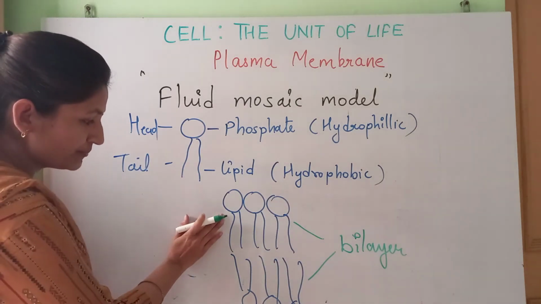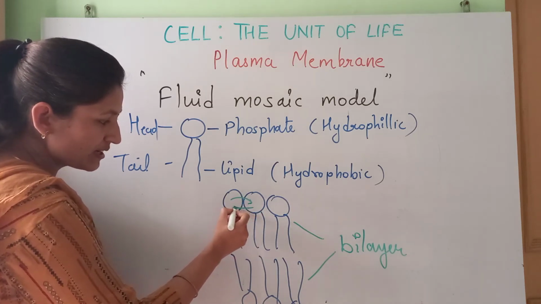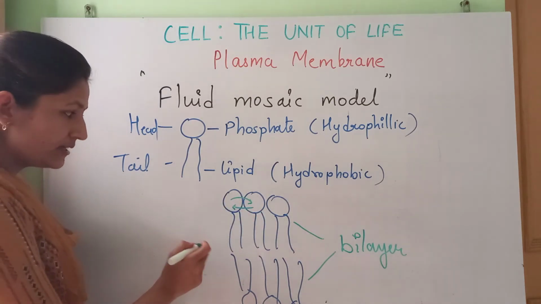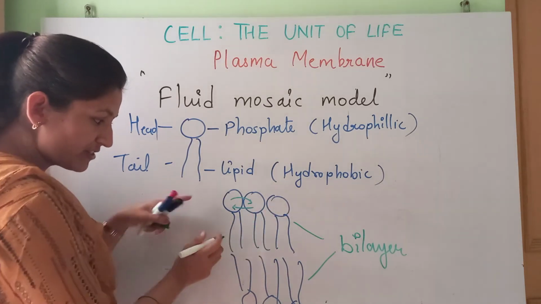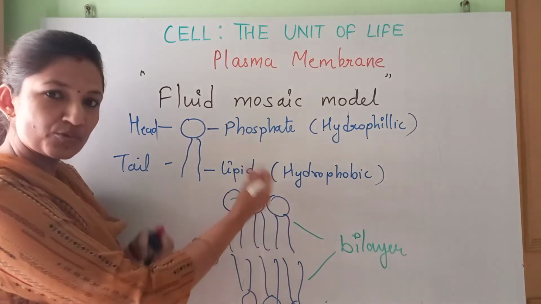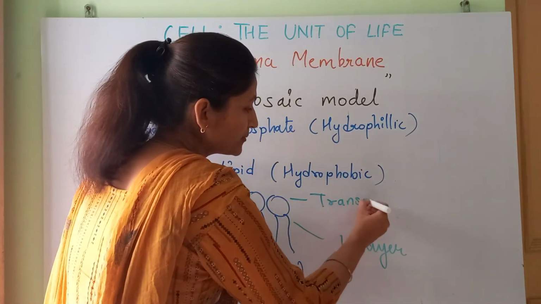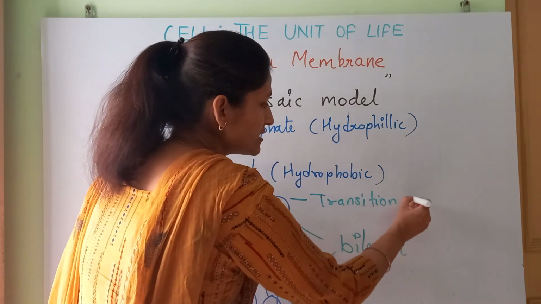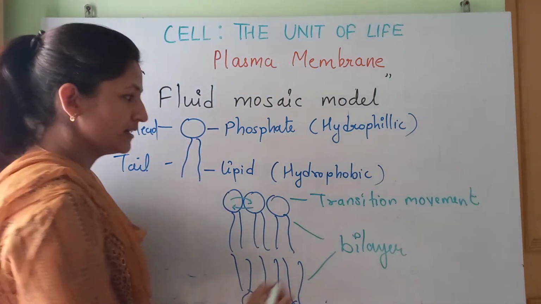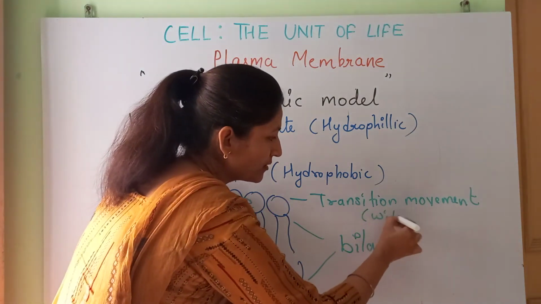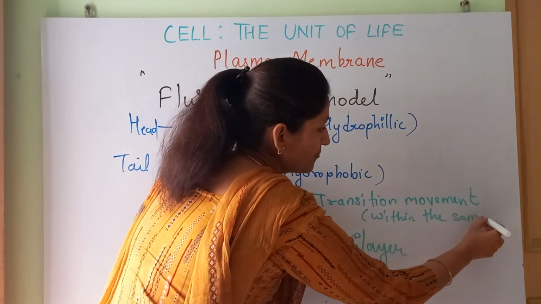If this molecule is going to change with this and this will come over here. Okay, this type of movement within the layer, इसी layer में, first वाली layer में ही अगर molecules अपनी position change कर रहे हैं, that is called transition movement of lipid molecules. ठीक है, this will be within the same layer.